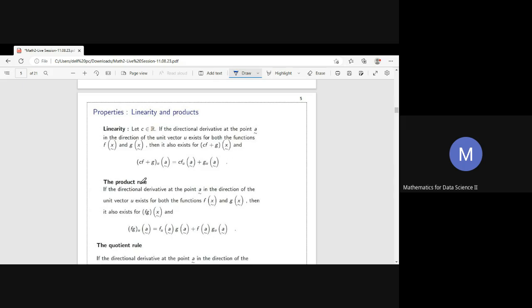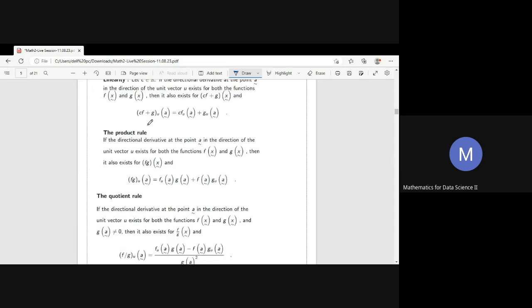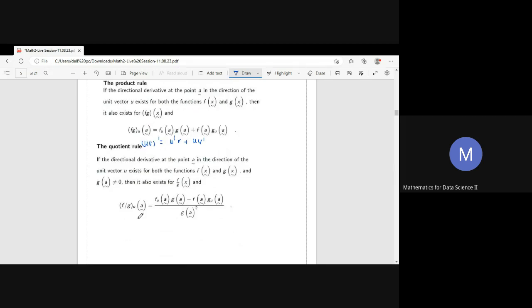You can split it, and the product rule also applies the same. You know that (cu plus v) dash is cu dash plus v dash, right? The same they have done here. In the same way, (uv) dash you write as u dash v plus u v dash. The same they have done here also. And for the quotient rule it is exactly the same.